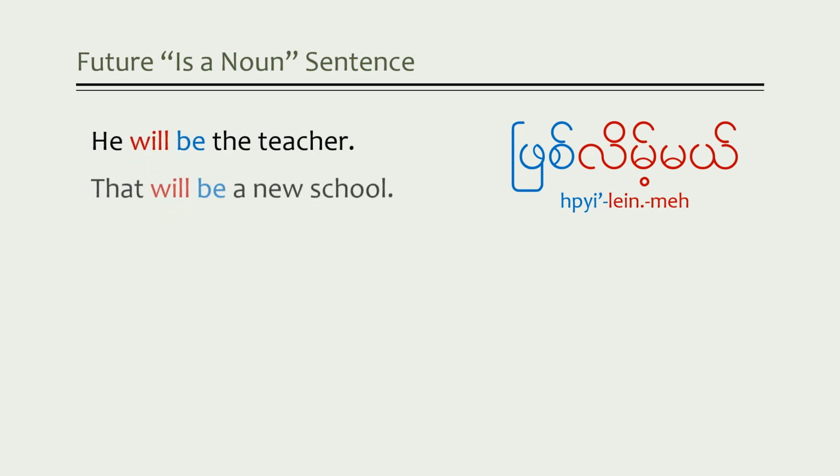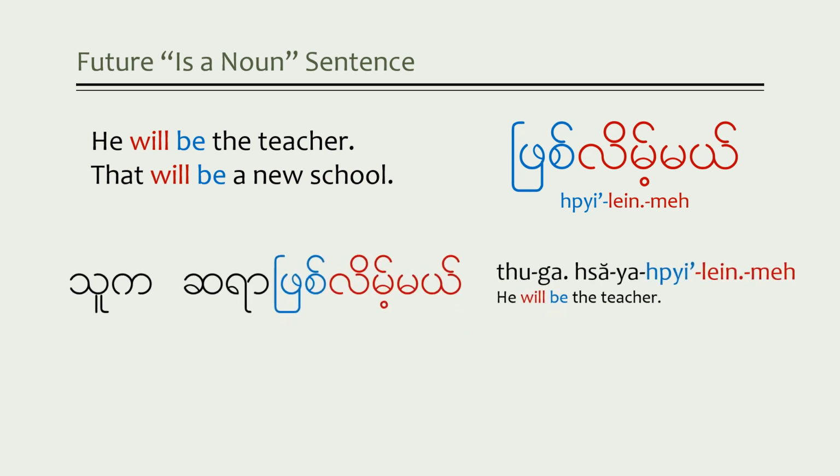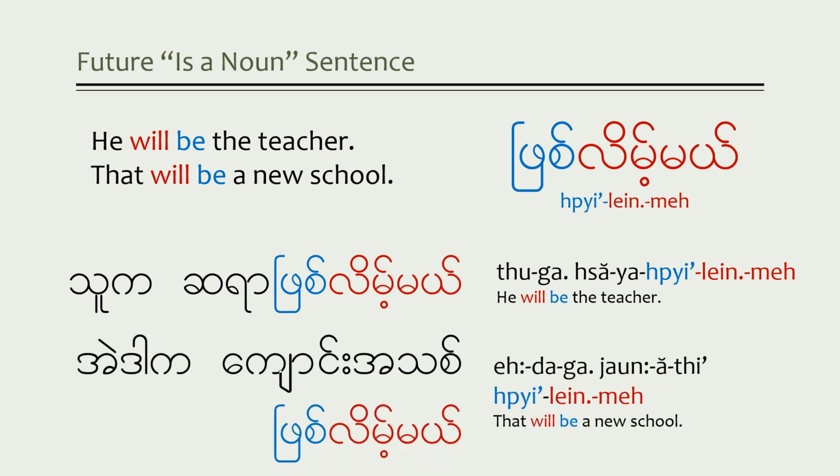So here are the two examples. He will be the teacher. That will be a new school. So to say that, tuga siya pile, he will be the teacher. Or eraga jao ate pile, that will be a school.